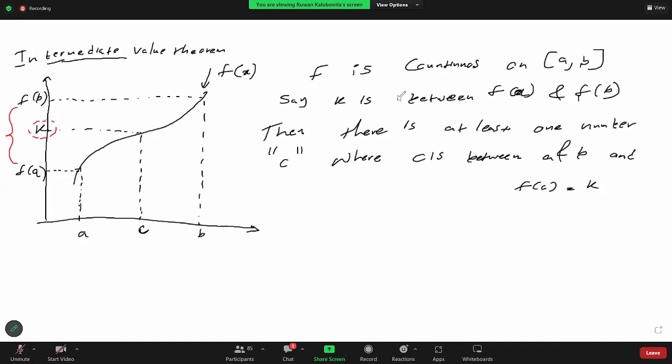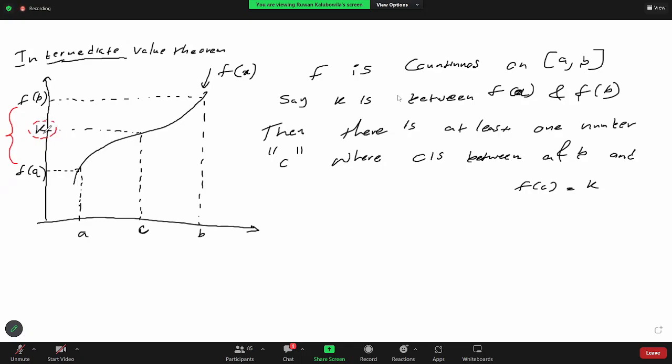Then K is a value between F(A) and F(B). Then it says there is at least one number C between A and B.